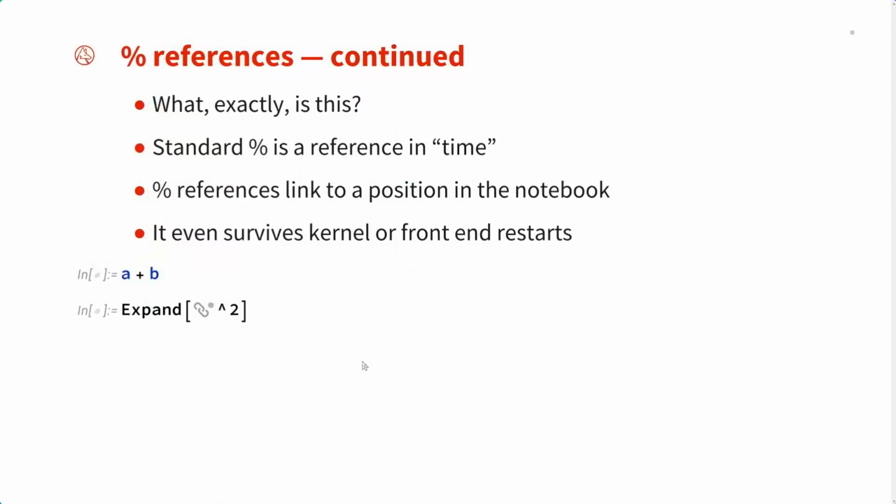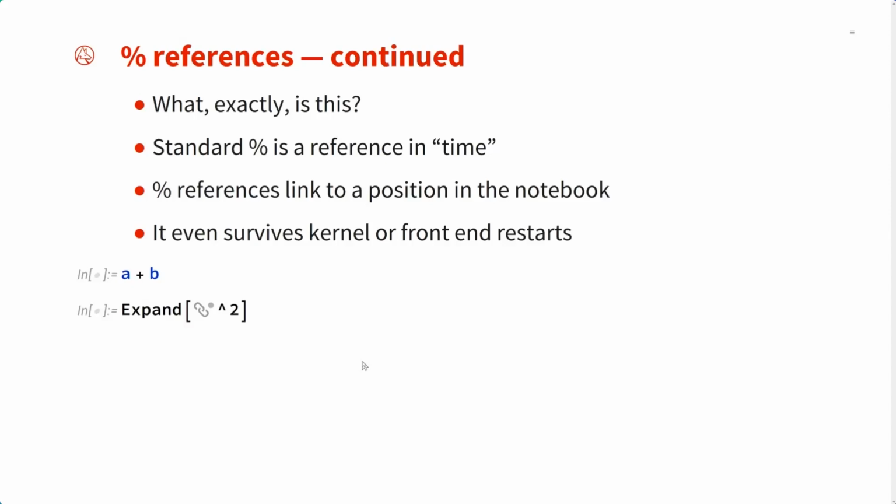So what exactly is this? The way that I always like to think of it, a standard percent reference is sort of a reference in time, which is to say I did a thing at a certain point in the history of the kernel, and unless I fiddled with the history, that thing is stable and there until I end my kernel session, and then it's gone forever.